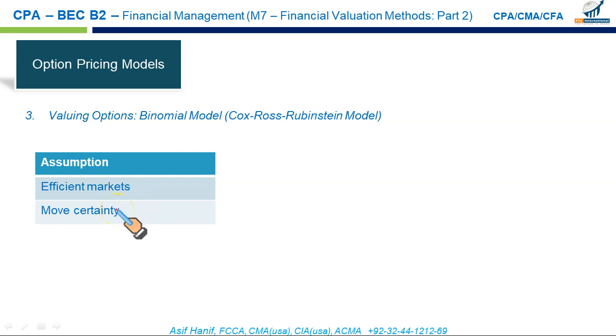The second assumption for this model is that the stock price moves up and down at specific points in time. Now, this is again a questionable assumption. How do we know exactly when and by how much the price will fall or rise? It's quite a complex assumption.